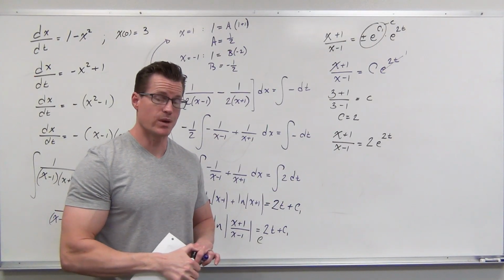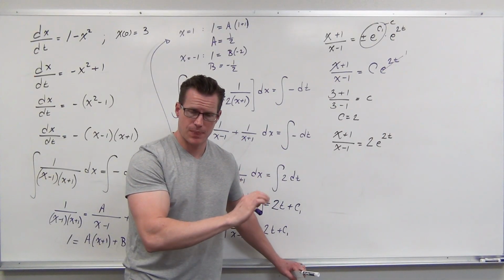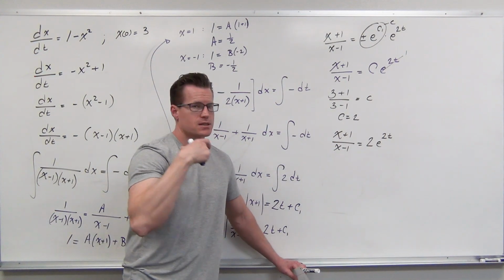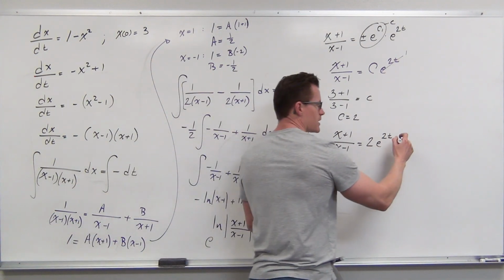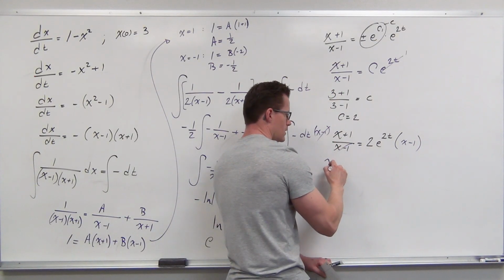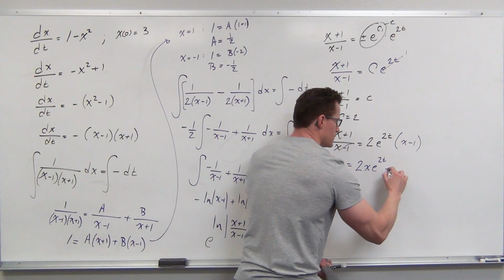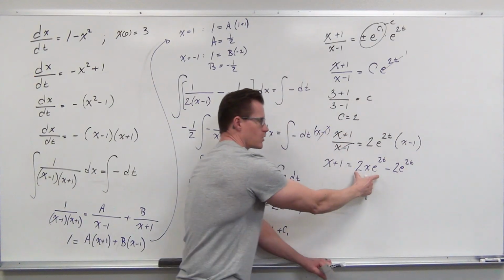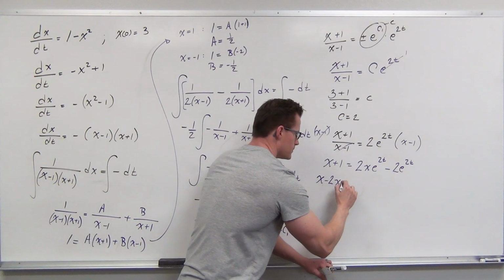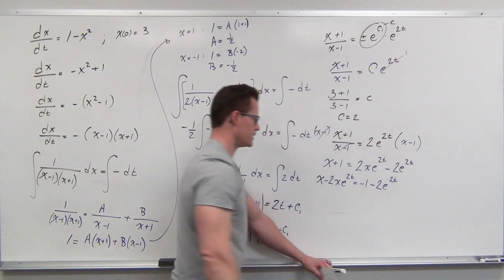So here's what's going to happen when we have more than one term on the denominator. We are going to multiply both sides by the denominator, but we're going to have to distribute, collect our x terms on one side, non-x terms on the other side, factor our x, and divide. So I'm going to be multiplying both sides by x minus 1. I'm going to be distributing. We're going to group our x terms on the left, our non-x terms on the right, with a lot of negatives floating around.